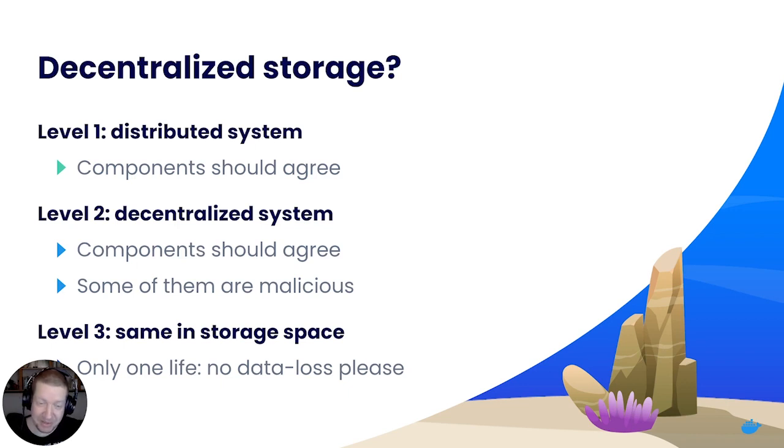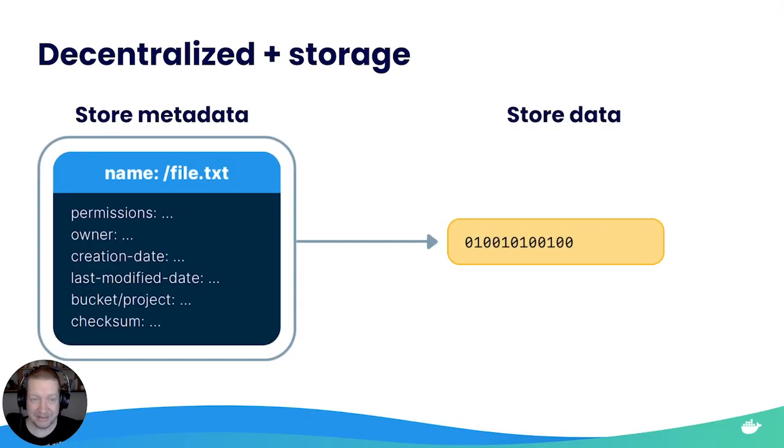We also need to address the problem that some components may be bad, and we need to filter out the malicious participants. And when we are talking about storage, it's even harder. That's level 3, right? Because this is something like a game with only one life. If data is lost, that's game over. If the execution is bad, then we can just restart it. But for storage, there is no space for errors.